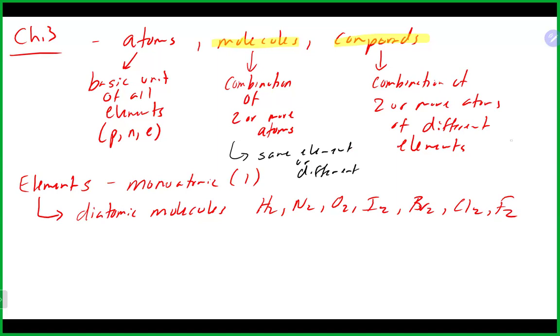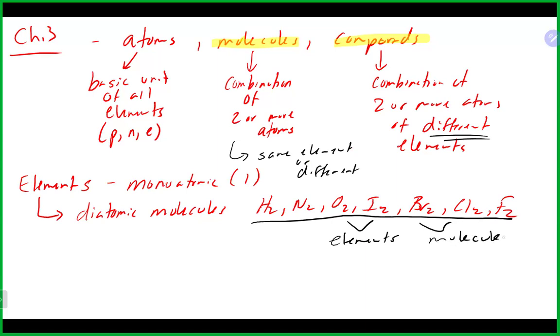But for compounds, they do have to be different elements. So a reminder that all these guys here are elements, and they're also molecules because they do meet the definition of a molecule, which is two or more atoms together. They are not compounds because they are all the same element for each of them.